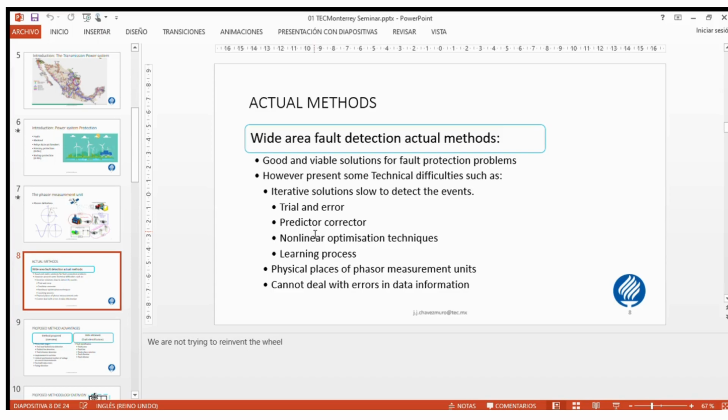All of them are excellent techniques, but because of the natural behavior of the methodologies, they take time, and the time that they take is more than the protection allows. So that's why some of them cannot be used on real elements.